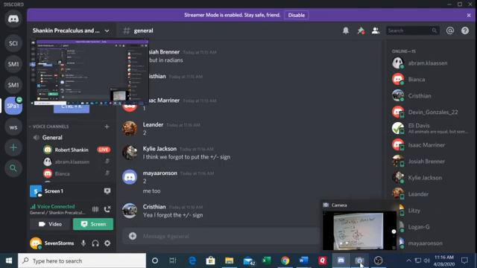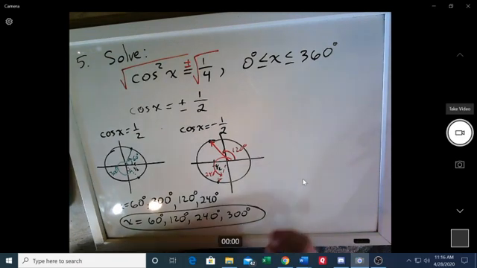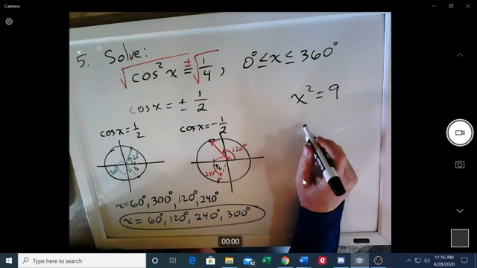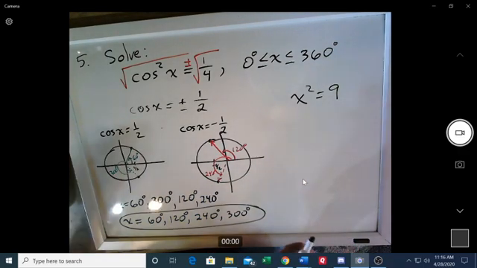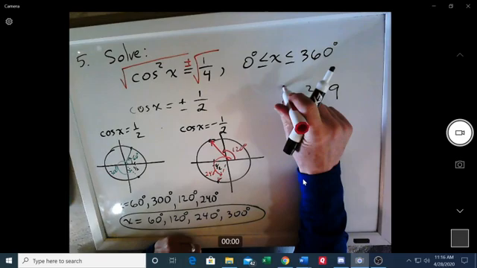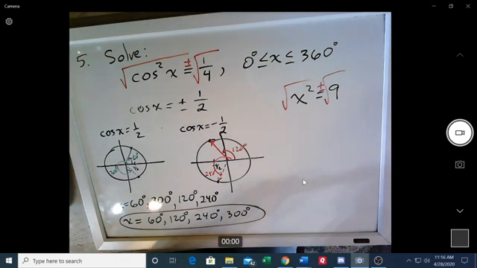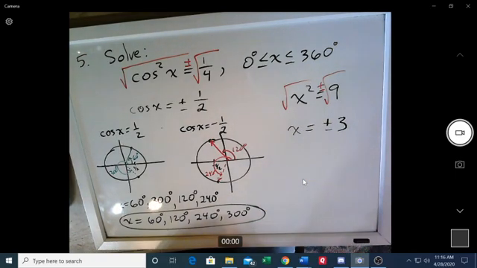Now, if you had x squared equals 9, we tend to want to jump and say, oh, x is 3, but only if we get in that habit of always putting a plus or minus when we take the square root of both sides, will we remember to get that plus and minus 3. And so what's happening in a general trig function?